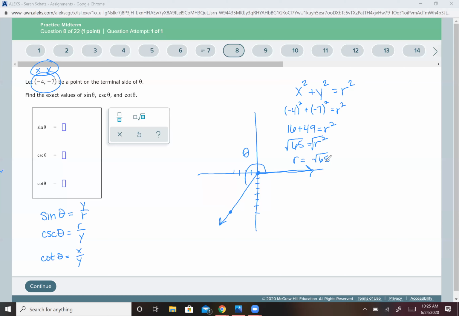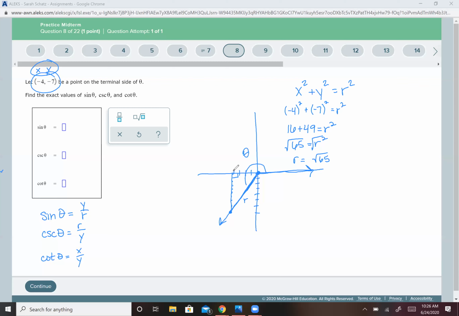Notice I don't need a plus or minus on this square root because r is always positive. Basically, r is always this distance here. If you did want to draw a picture of this one, it's a little hard to understand where it would be, but you would drop your right triangle line down, or actually up in this case, to the x-axis.